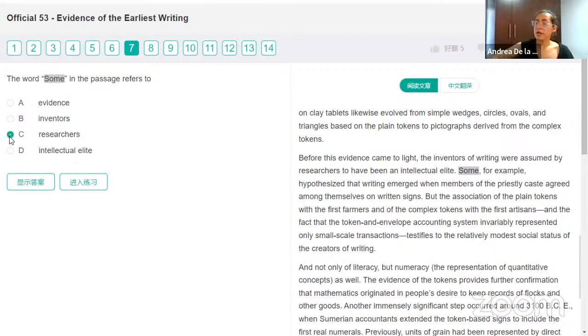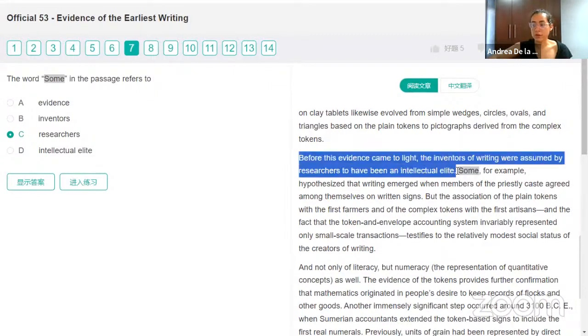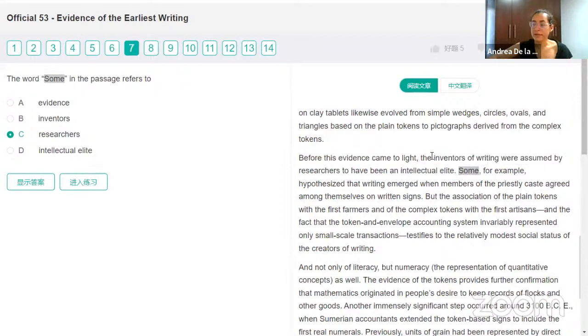Exactly, researchers. En este reference question se trata de identificar los nouns anteriores, ¿no? Some tiene que referirse a algo que se ha mencionado anteriormente, sí o sí. En esta oración es la única. Before this evidence came to light, the inventors of writing were assumed by researchers to have been an intellectual elite.